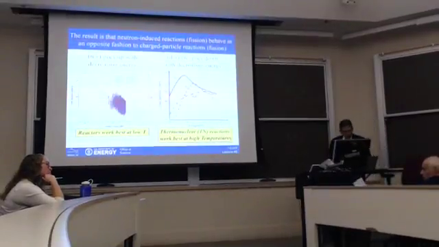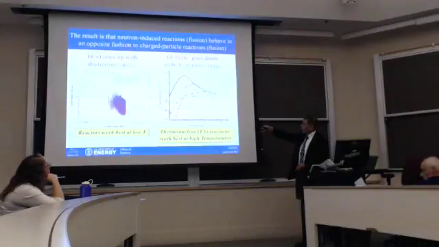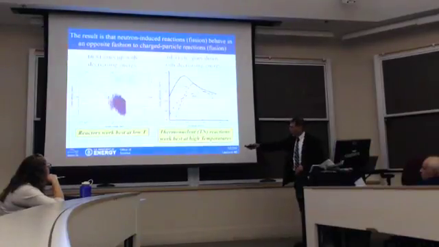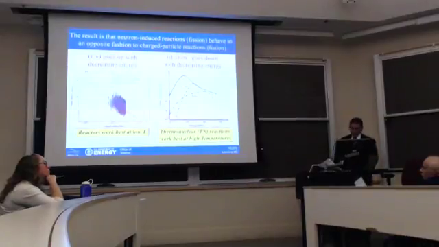Here, in the case of charged particle reactions, due to the Coulomb barrier, these things plummet like a brick as you go down in energy. So thermonuclear reactions work best at high temperatures, and fission reactors work best at low temperature.